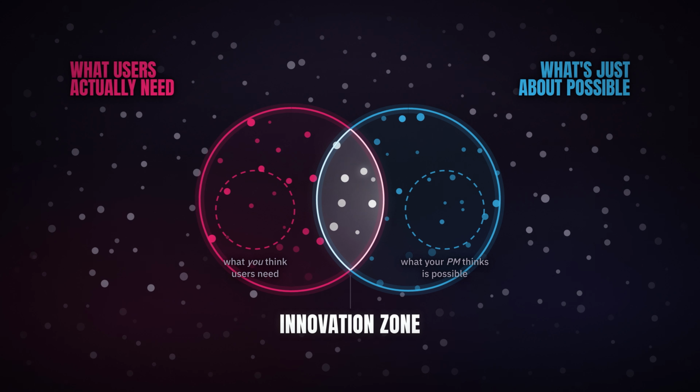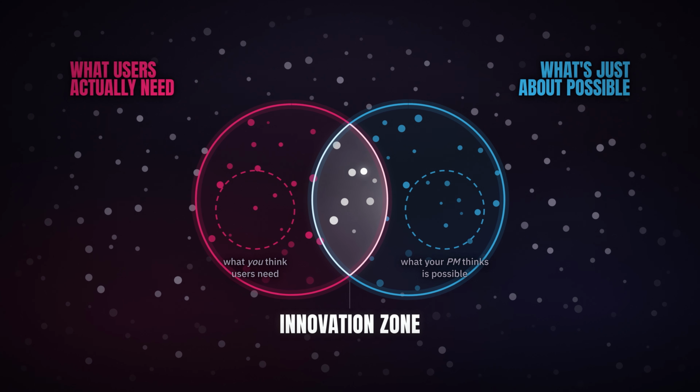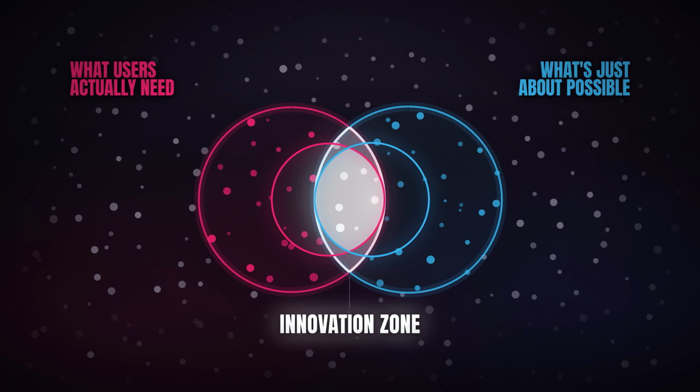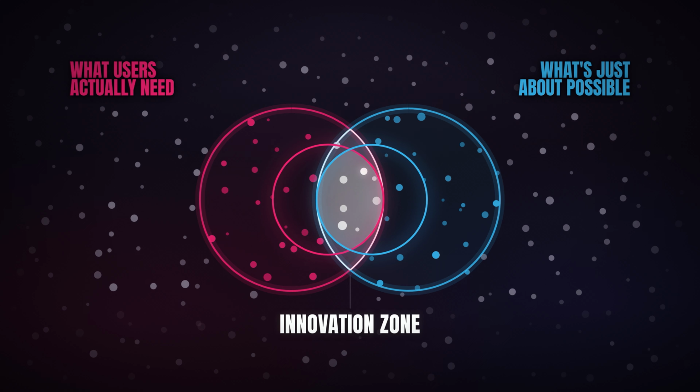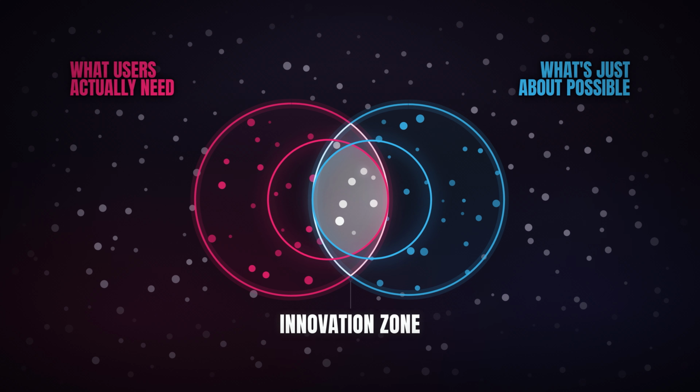So if you want to drive innovation, you can't expect your PM to tell you what to build. At this level, you need to spend less time coding and more time joining your product manager for user interviews. You need to work together to find the best solutions to the user's problems.